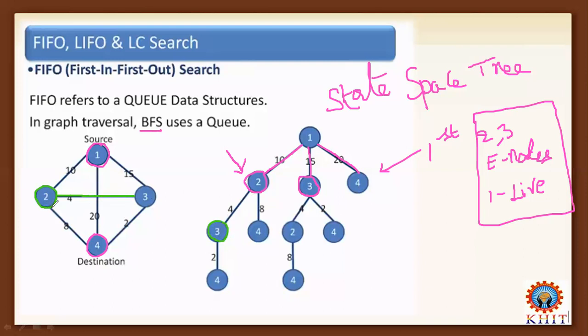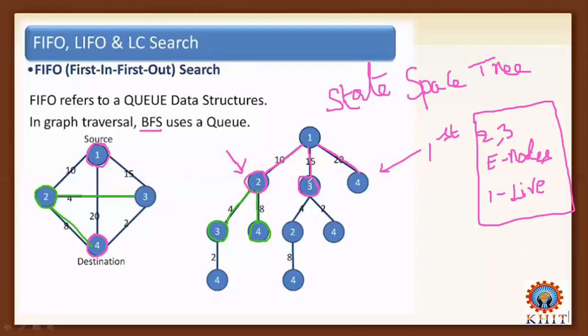And another is node 2 to node 4, with a cost of 8. So in the second iteration, two paths are generated from node 2.